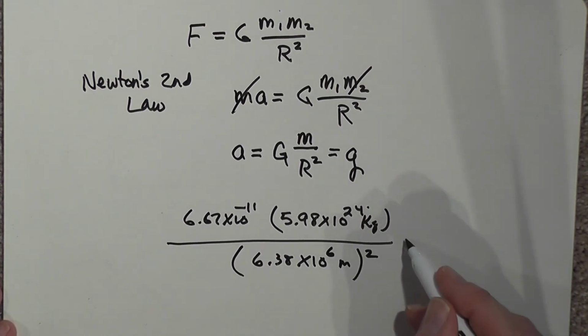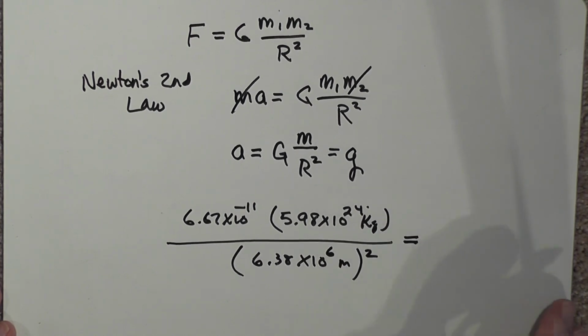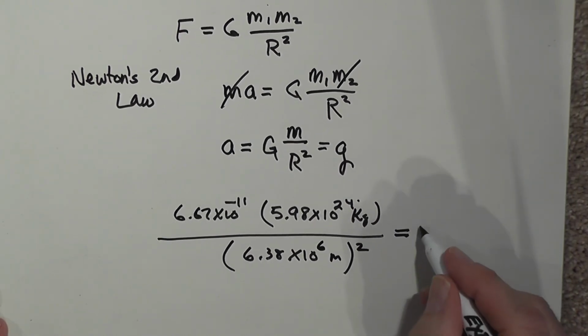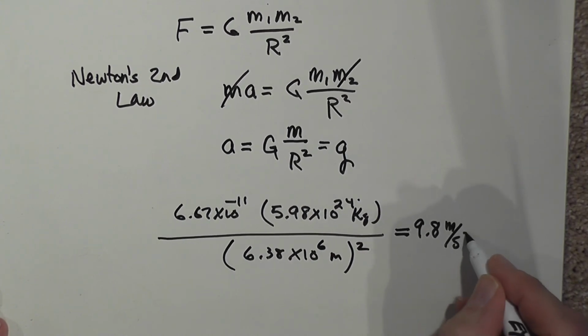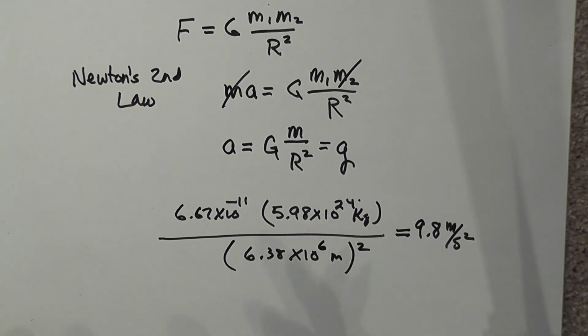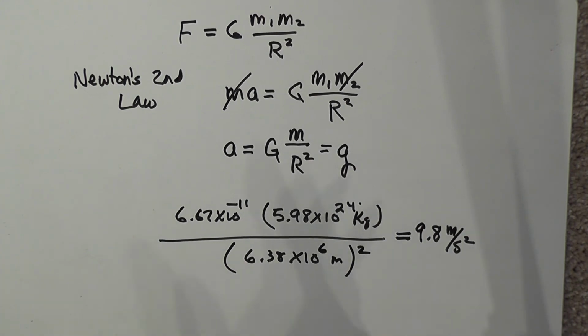And you know what? When you follow this through and do your calculations, it comes out to 9.8 meters per second squared. So that is a derivation and solving the acceleration of gravity for planet Earth.